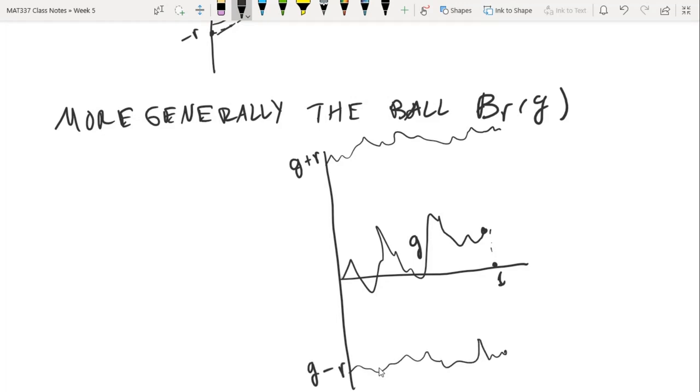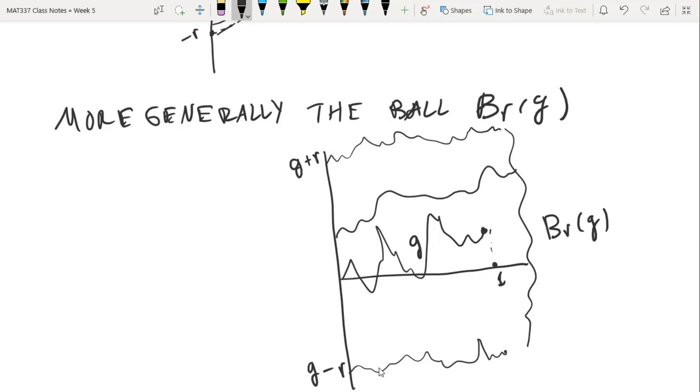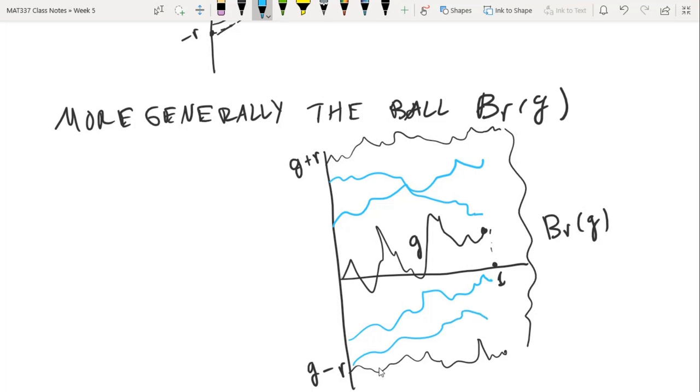I know my drawing is a bit bad, but I hope you understand. And then we're requesting all the f's to be inside here. We use a different color. This is f. Let me make it blue. f in B_r of g.